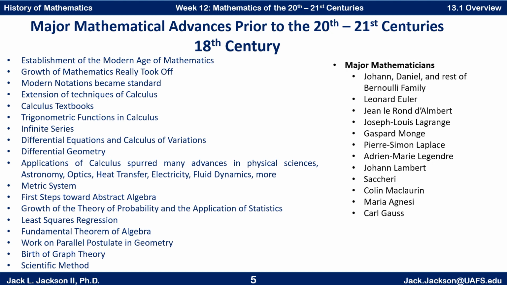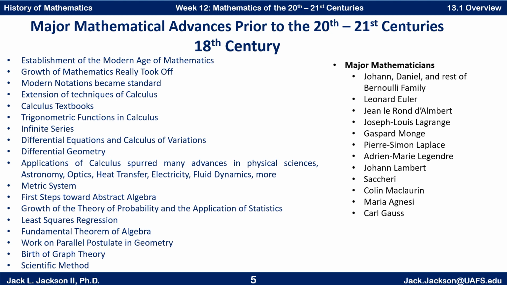We have a little bit of the birth of graph theory with the work of Euler, and of course the scientific method by this time had been really established as a way we look at science, and in general this idea that mathematics and science gave a rational way to explain the universe and to solve problems.